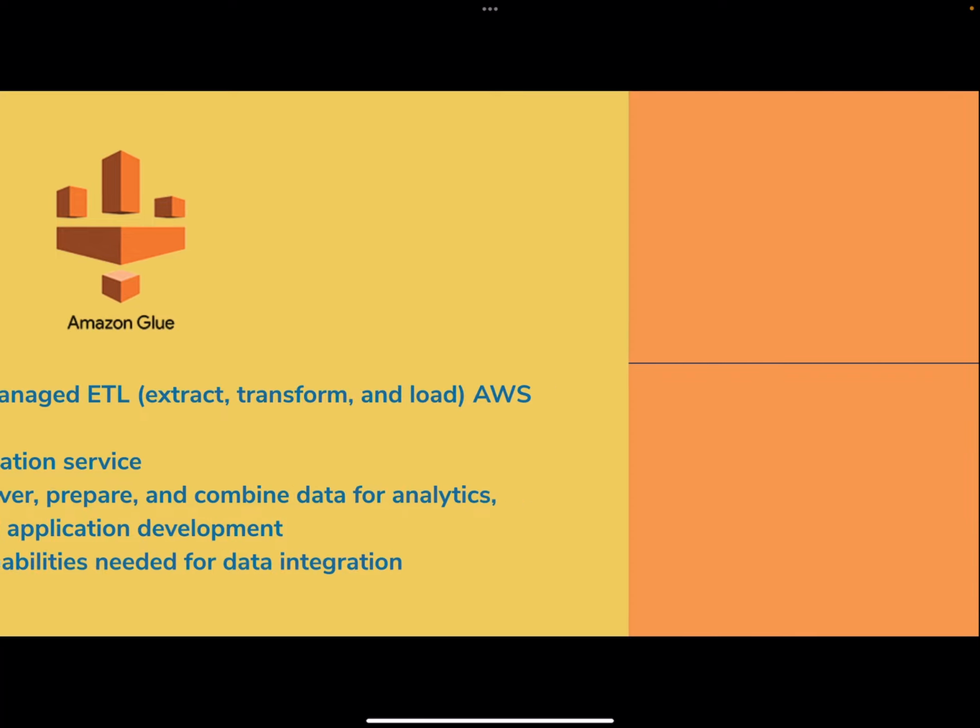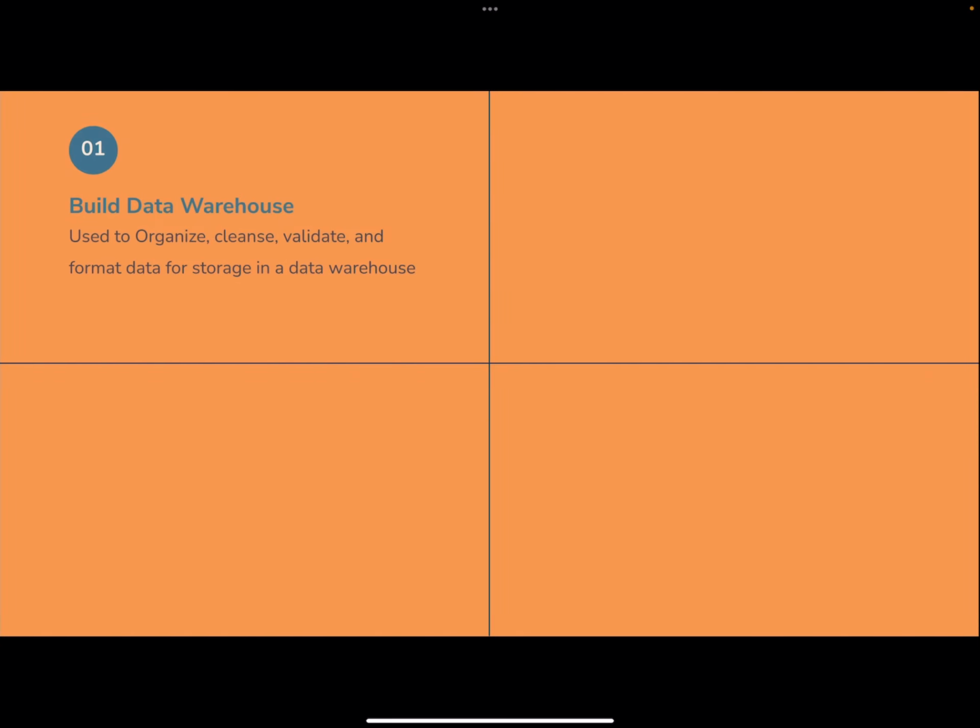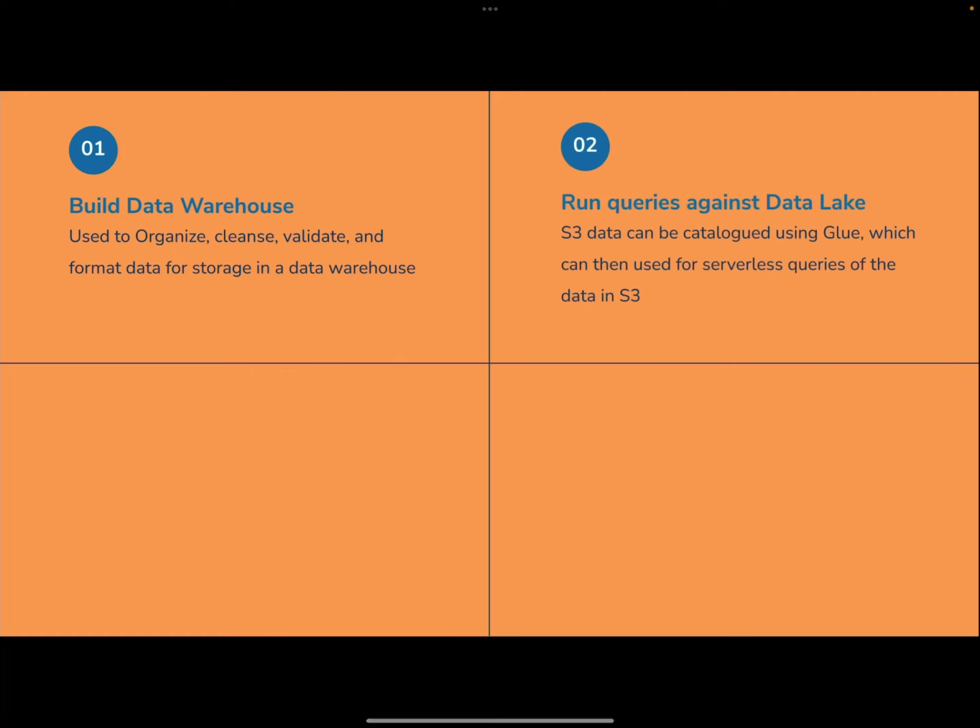First thing, build a data warehouse. We use AWS Glue to organize, clean, validate, and format data for storage in a data warehouse. We run queries against the data lake. For example, S3 data can be cataloged using Glue, which can then be used for serverless queries of the data in S3.